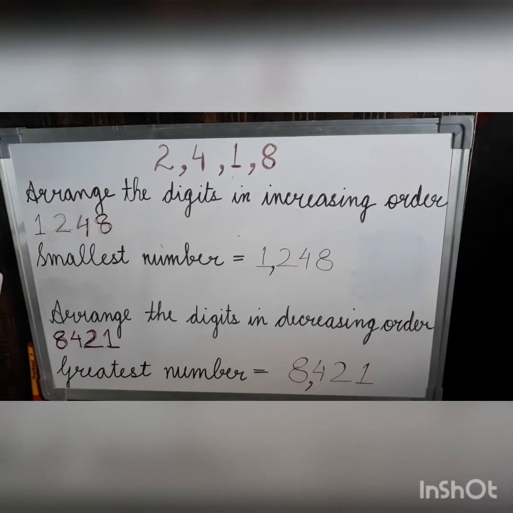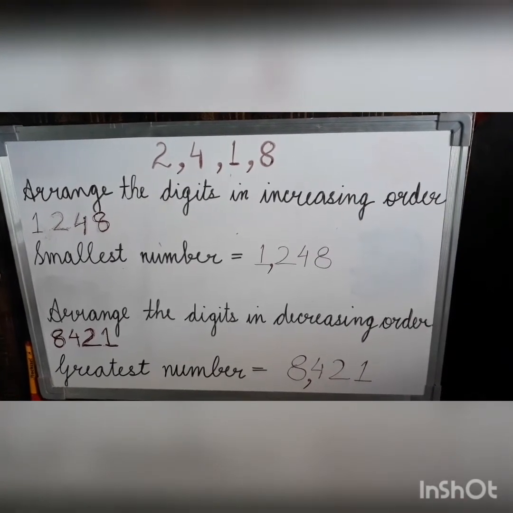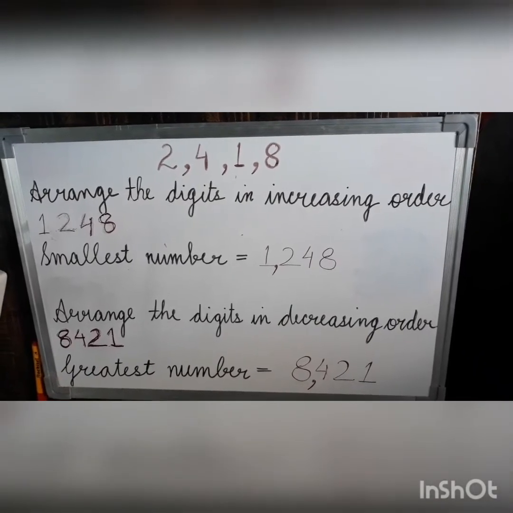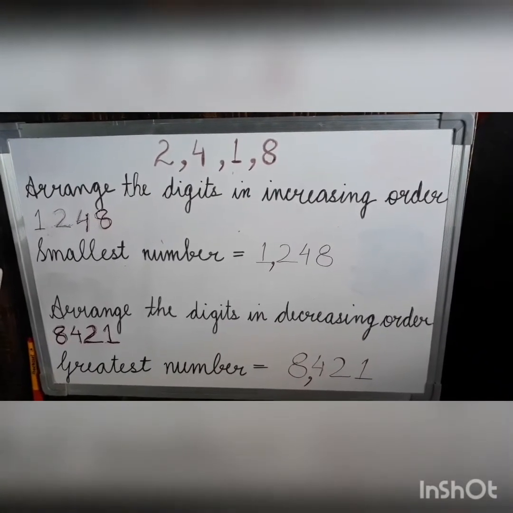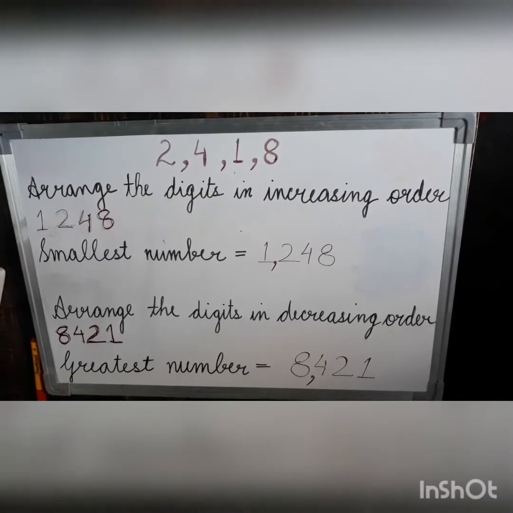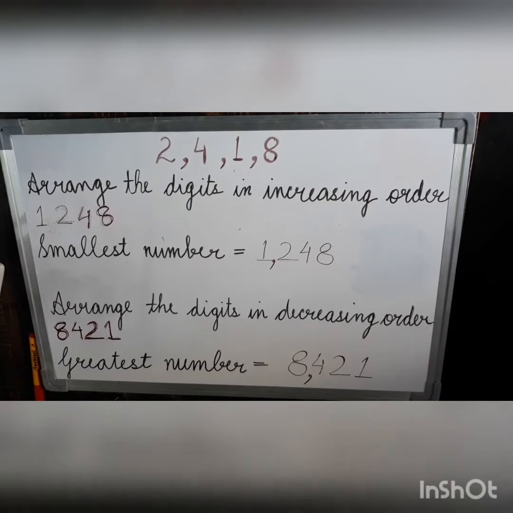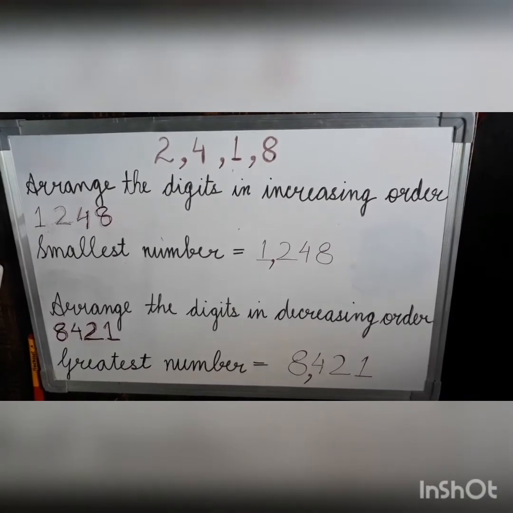Students, now from one or two examples, it will be more clear to you how we can form the smallest and greatest 4-digit number by using a set of 4 digits.